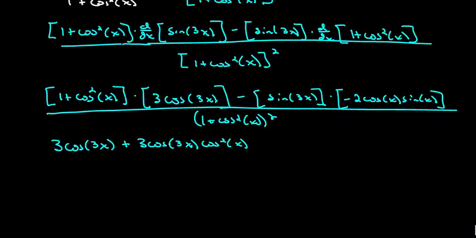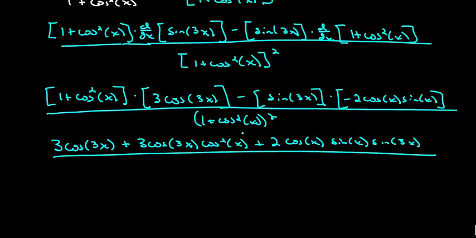I can't combine these guys right here, so they're different. And then I've got plus, because it's minus and minus, so plus 2 cosine x sine x times sine 3x. Just like that. And then this is all over this mess on the bottom.